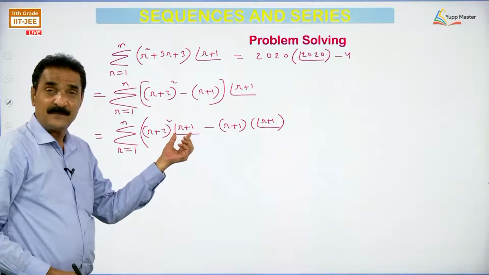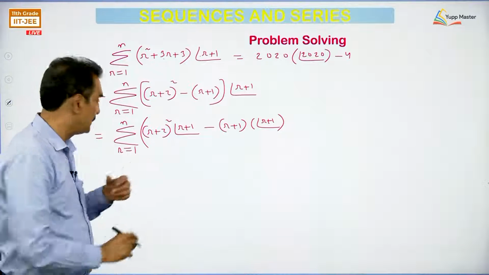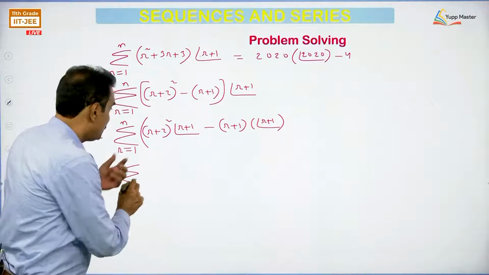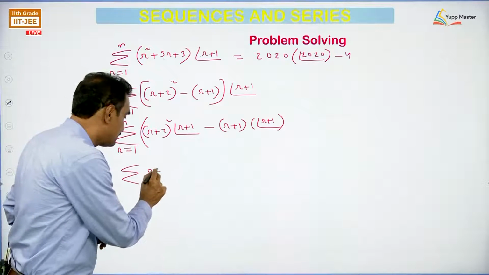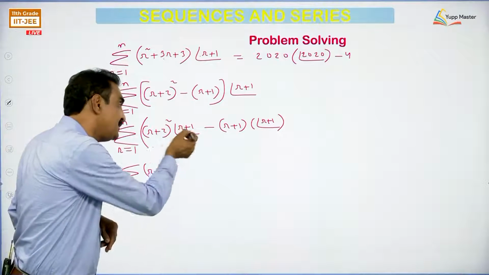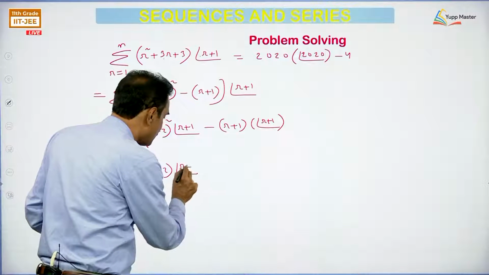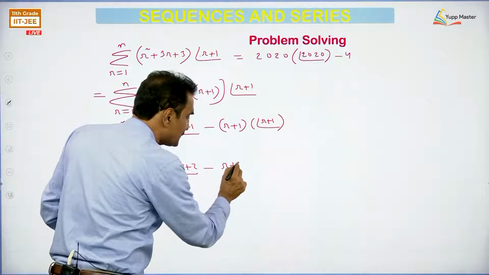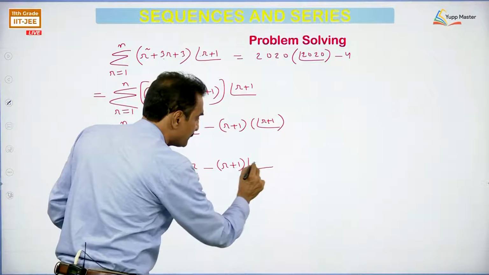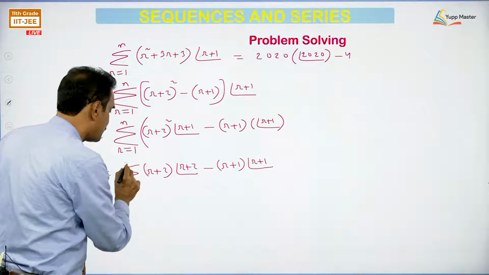Now, r plus 1 factorial into r plus 2 will be r plus 2 factorial. But here r plus 2 whole square is there, so one r plus 2 will be remaining. Another r plus 2 into r plus 1 factorial will be r plus 2 factorial. Minus this term as it is, we cannot simplify it. r varies from 1 to n.